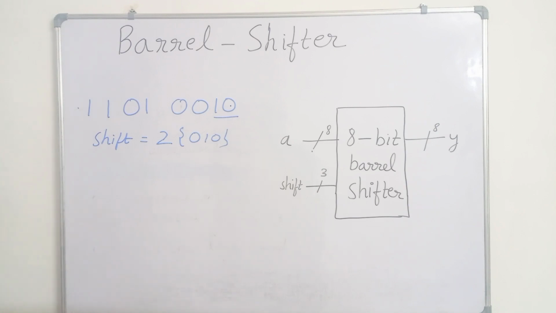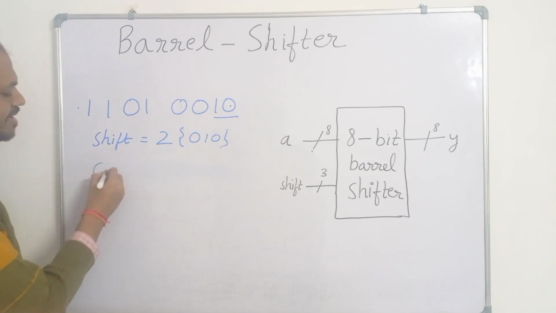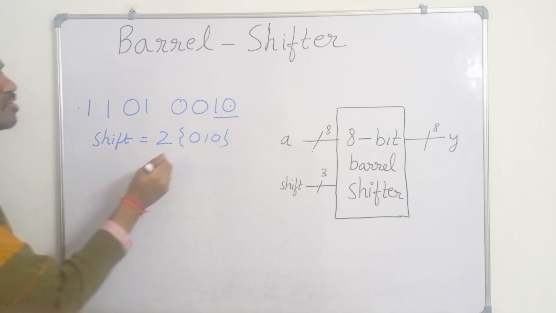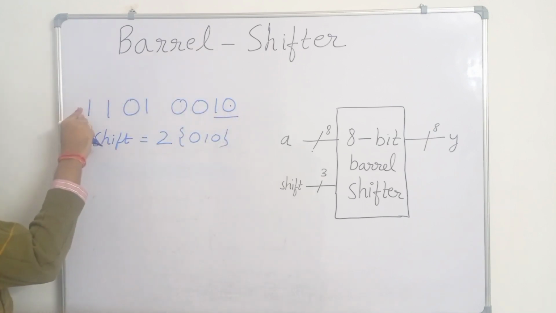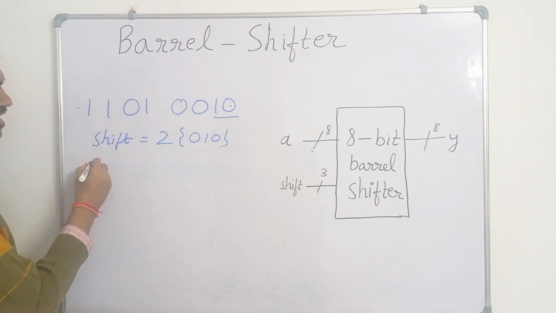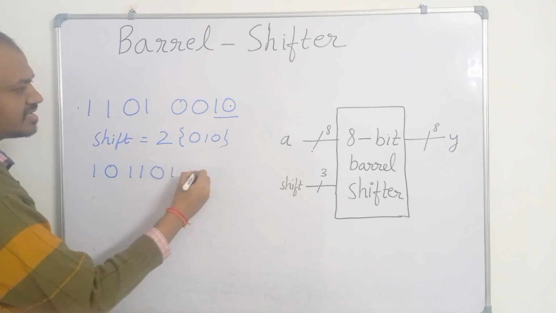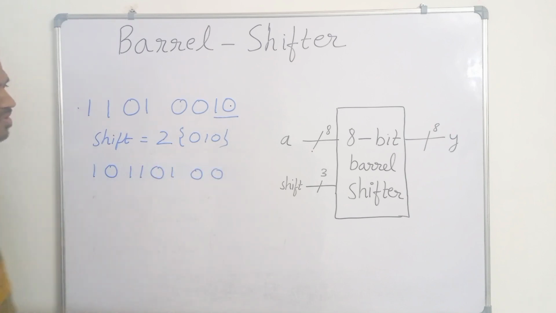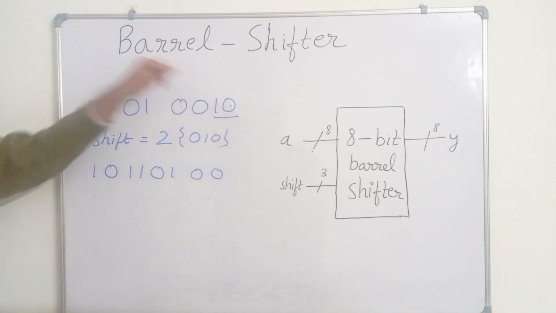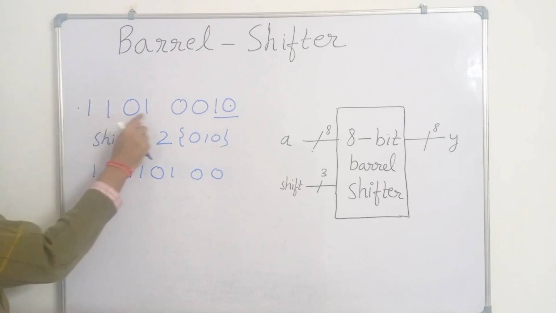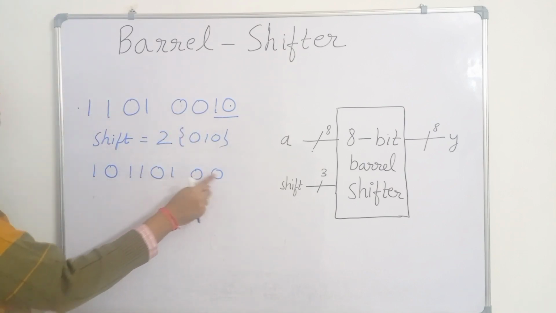First this 0 will come here, then this 1 will come here. So it will become 1, 0, 1, 1, 0, 1, 0, 0. First this 0 came, then this 1 came, and the rest of the 6 bits were as it is: 1, 1, 0, 1, 0, 0.